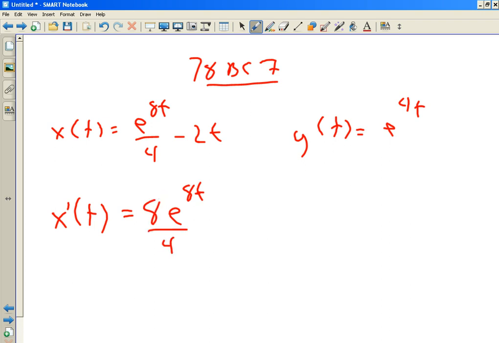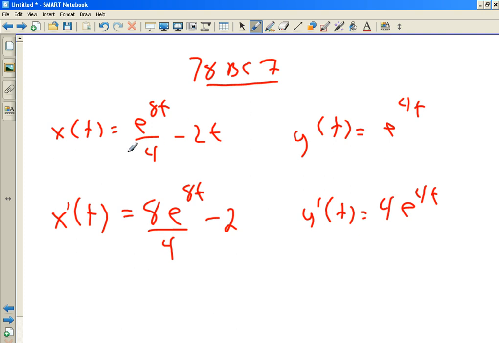Right, and don't forget it's still over 4. And what's the derivative of this thing? So minus 2. Okay. So now what's y prime? Times 4. Good. All right. That was part A.